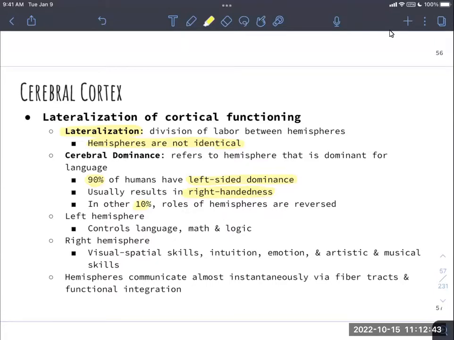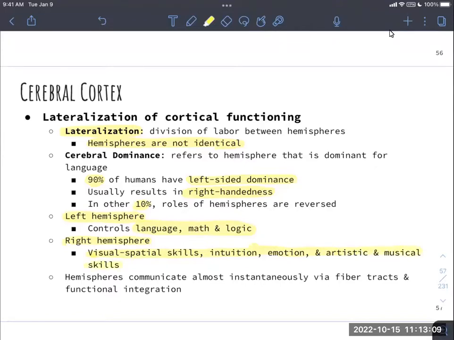So those of us that are left-sided, left-brained, you're good with language, math, logic. Someone who is right hemisphere, they have really good visual spatial skills, intuition, emotion. They're pretty artistic and musical.